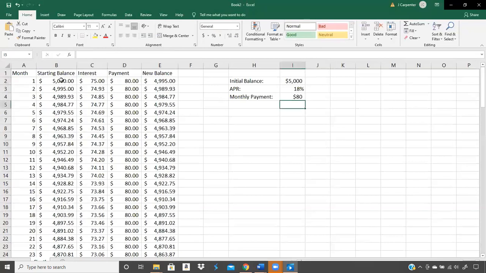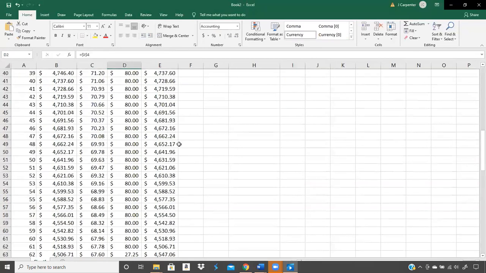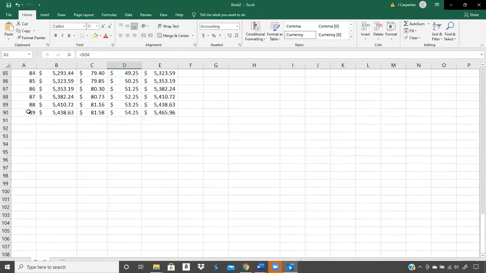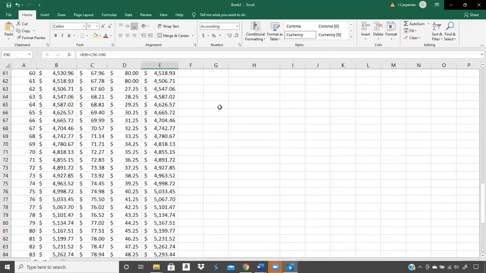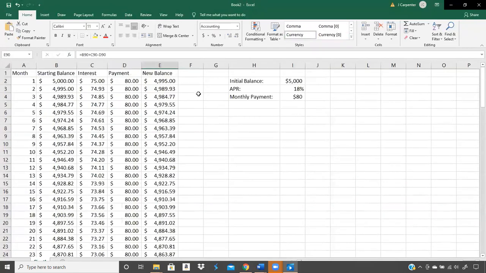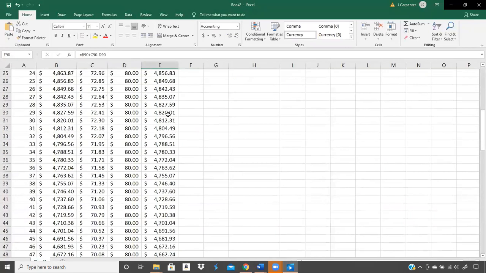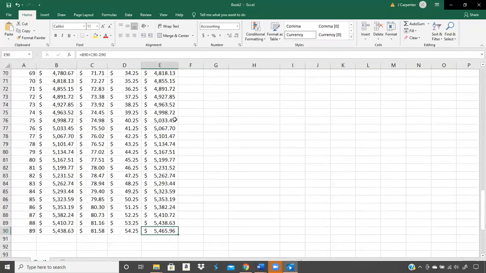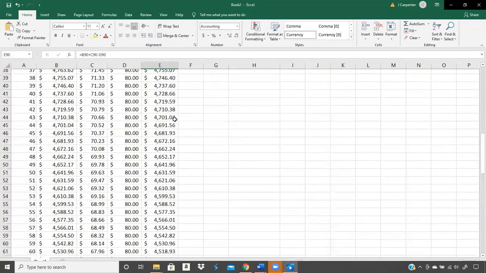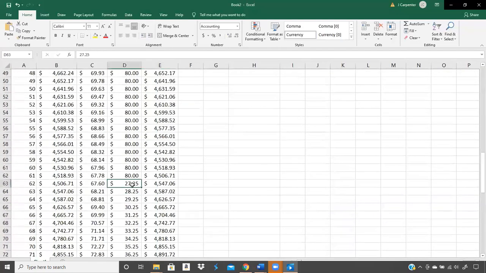Let's see how long it would take us to pay off $5,000, 80 bucks at a time. We're in month 89, which is 7.5 years in, and our balance, something looks wrong. What happened? The 80s changed here.